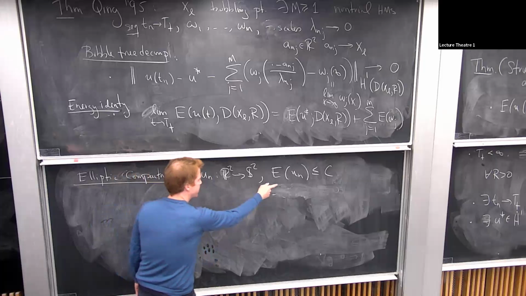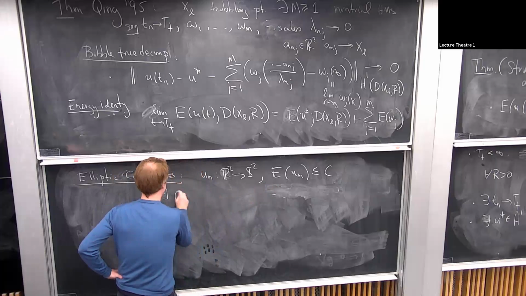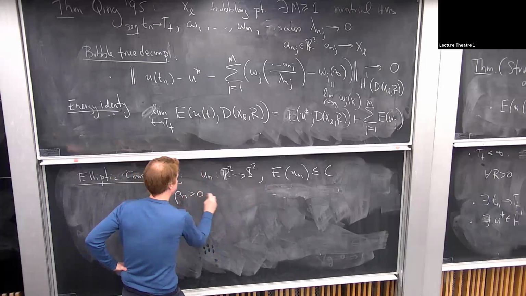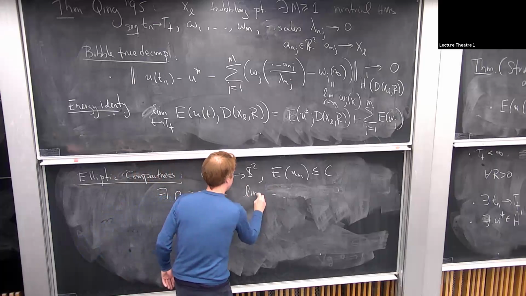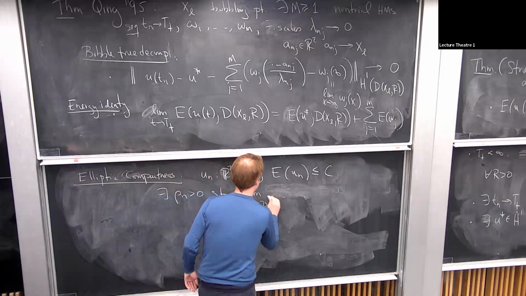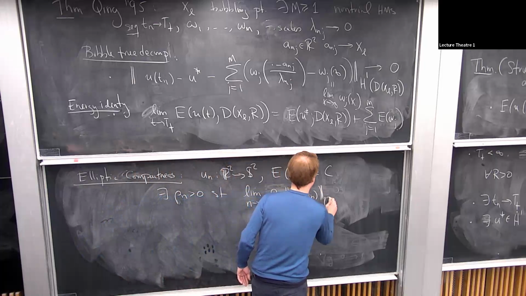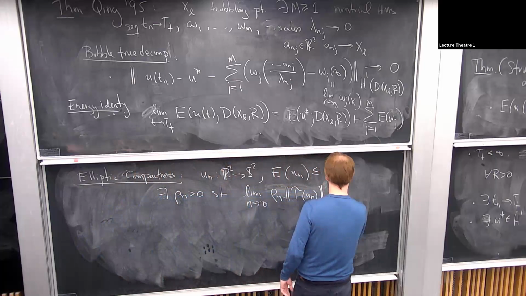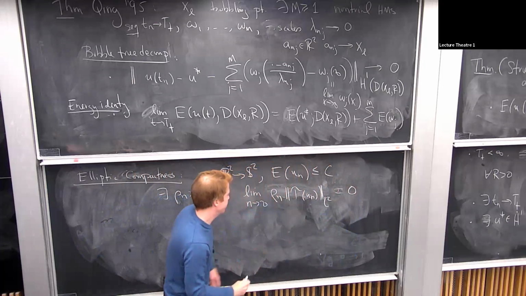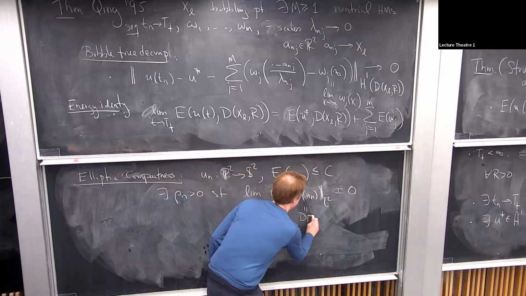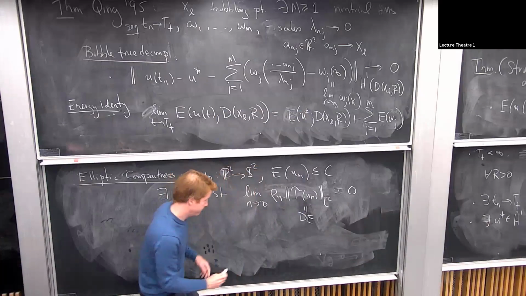So the energy of un is bounded by C, and there exists a rho n, a sequence of positive numbers, such that the limit as n goes to infinity of rho n times the L2 norm is equal to 0. So this is the tension of un, and this is the formal gradient of the energy.